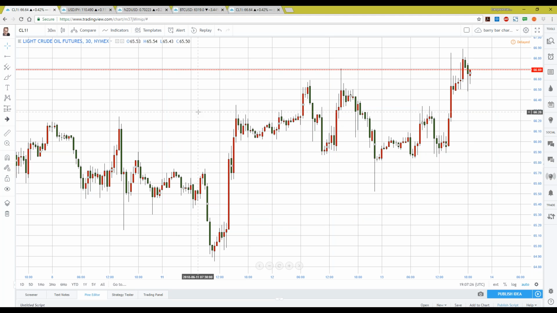Now, the first thing we have to realize is that we are human beings, and the human element has a big effect on the markets, and it has a big effect on our psychology. And since we're human beings, when we see a lot of red, we assume that the candlesticks are telling us to sell, or that things are falling.